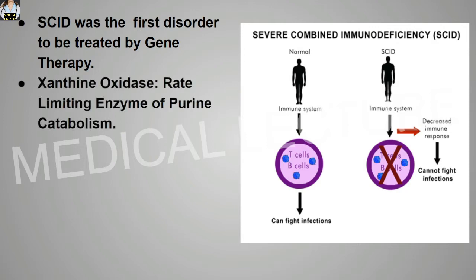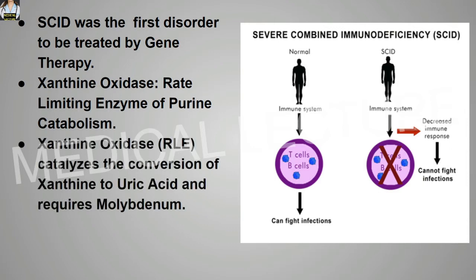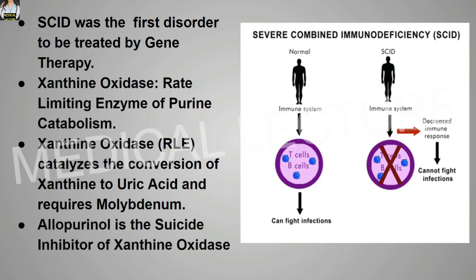Xanthine oxidase is the rate limiting enzyme of purine catabolism. It catalyzes the conversion of xanthine to uric acid and requires molybdenum. Allopurinol is the suicide inhibitor of the xanthine oxidase enzyme.